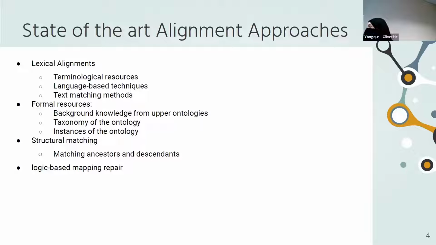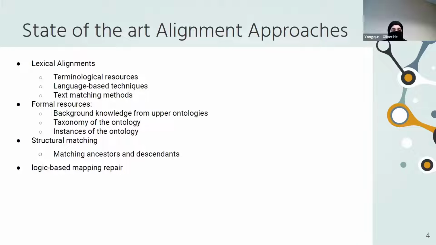Some of the state-of-the-art approaches use background knowledge from other ontologies, or use the taxonomy of the ontology, or use the instances of the ontology, so basically the ABox. And some of them use structural matching, basically matching the ancestors and the descendants, looking at the similarities between those by using the subsumption relation in the ontology.